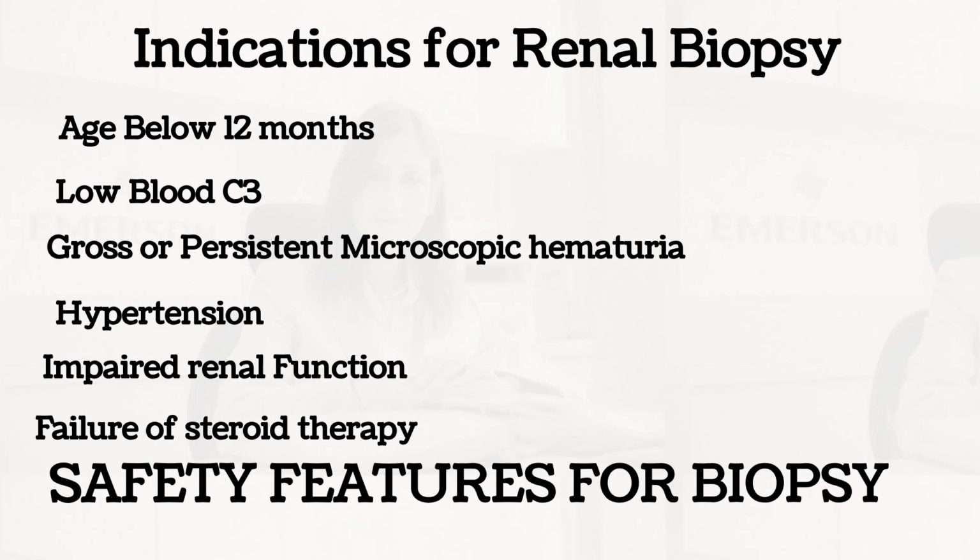Then ultrasound: you have to look at the kidneys. The kidneys should be normal, in short. If they are small, then your biopsy will be contraindicated. And then the BP should be less than 160/90. Those are some of the safety features before you do a biopsy in adults.